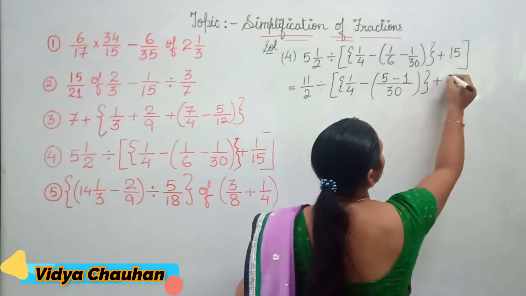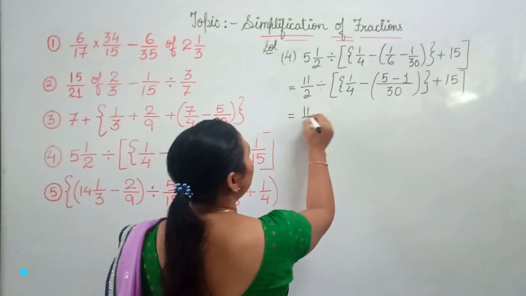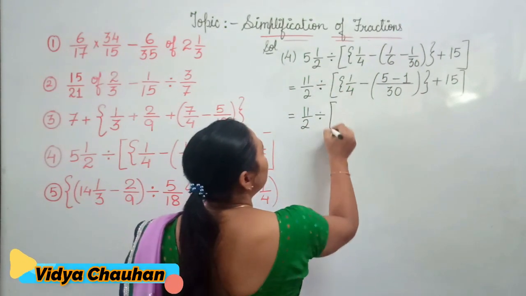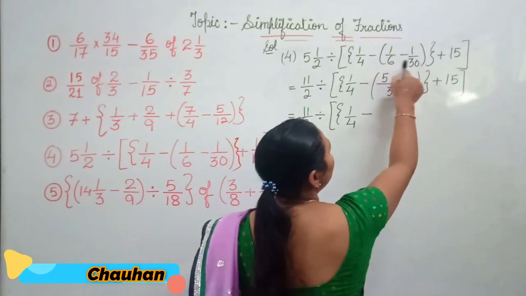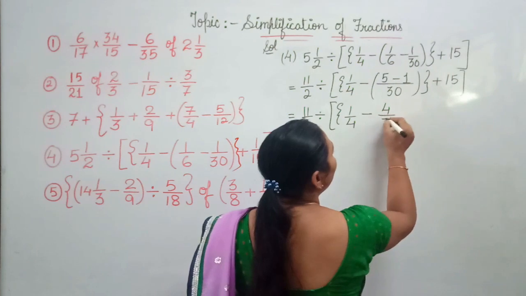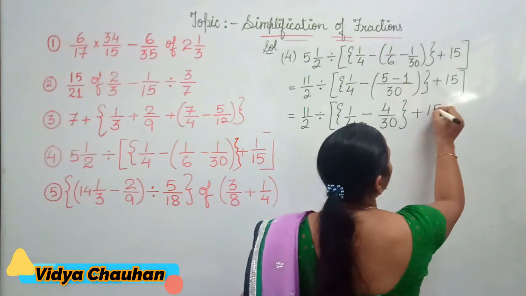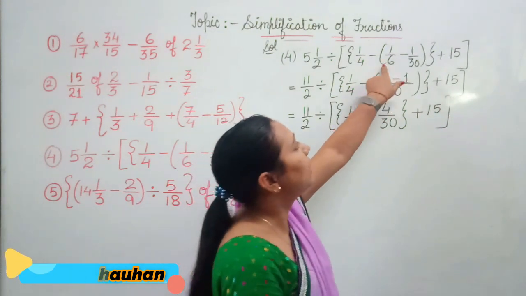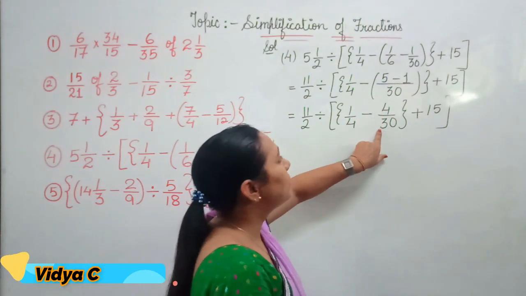Curly bracket close plus 15. Next step, 11 upon 2 divided by curly bracket 1 upon 4 minus 5 minus 1 is 4 upon 30 plus 15.